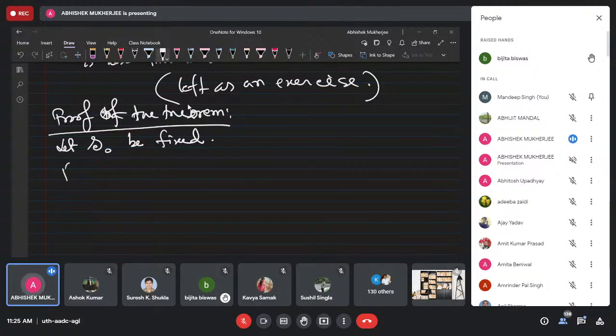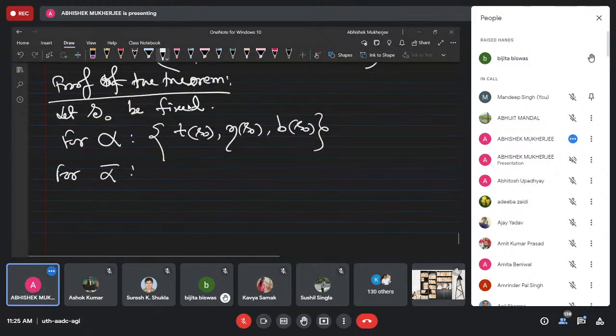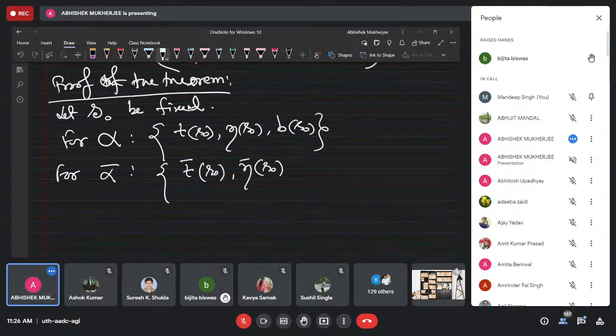Suppose for alpha, your Frenet trihedron is T(s naught), eta(s naught), B(s naught), and for your curve alpha bar, this is your T bar(s naught), eta bar(s naught), B bar(s naught).